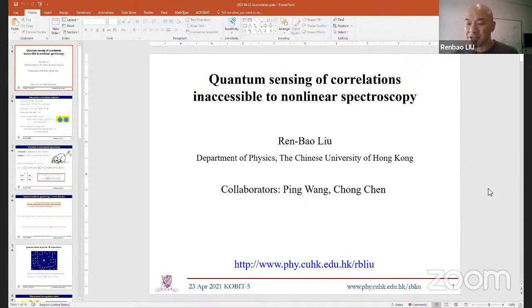So the quantum signal is proportional to the number of spins. But at the third or fourth order, the correlation function is proportional to the interaction strength to the third or fourth order. We know that the number of spins times the coupling strength squared is usually a constant. So this kind of weakly coupled background spins will contribute almost zero signal.